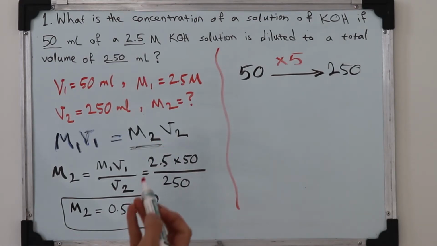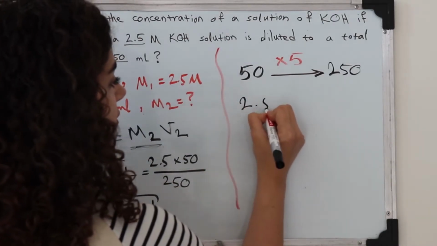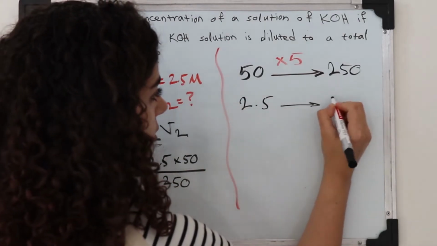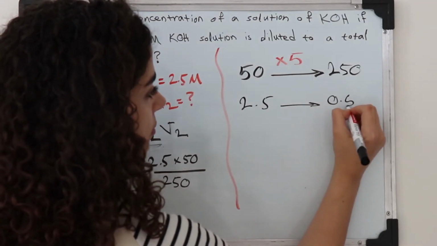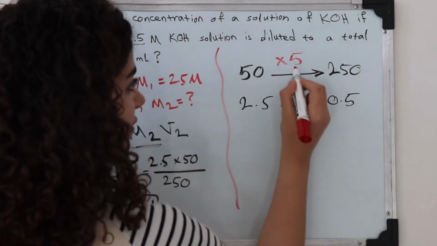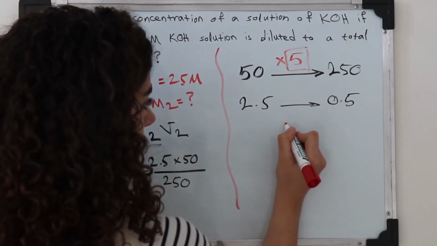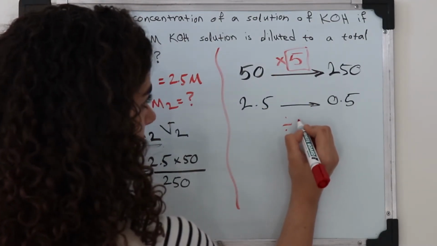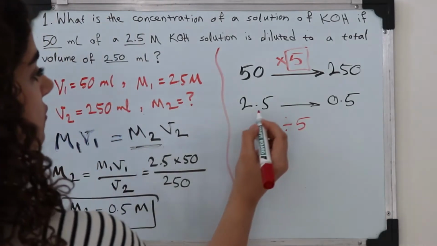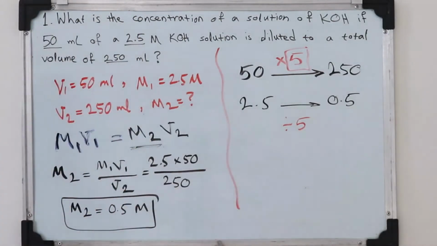So here, the original concentration was 2.5. The new concentration will be 0.5. Why? Because we have a factor here that we can use by dividing. We divide the initial concentration and we can reach the final concentration.